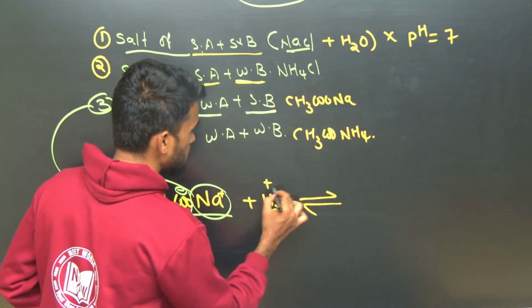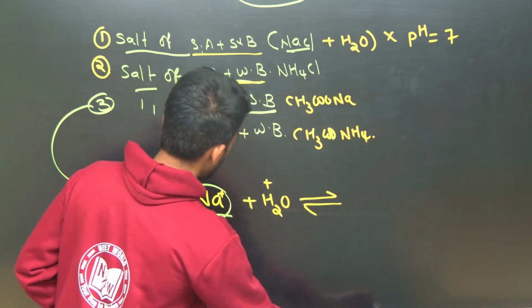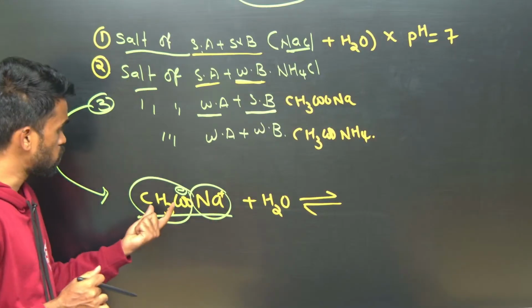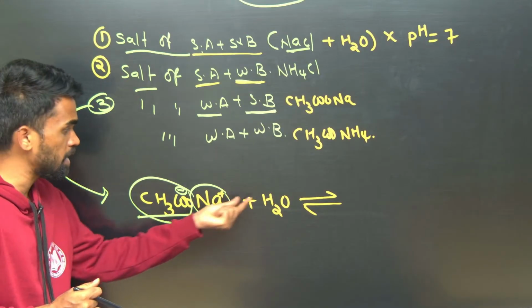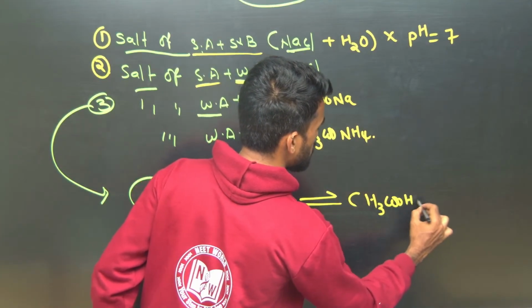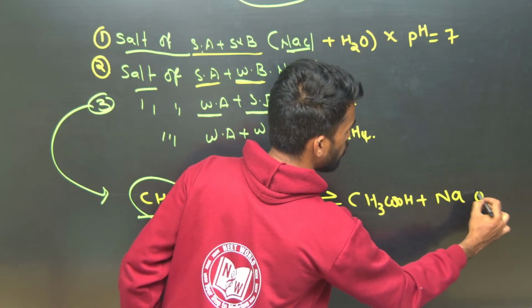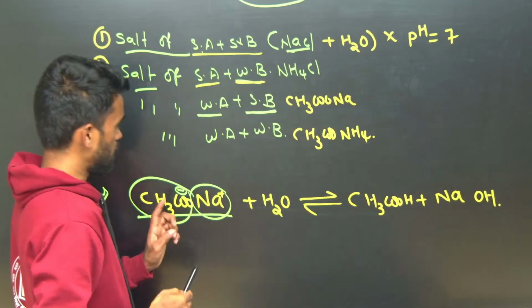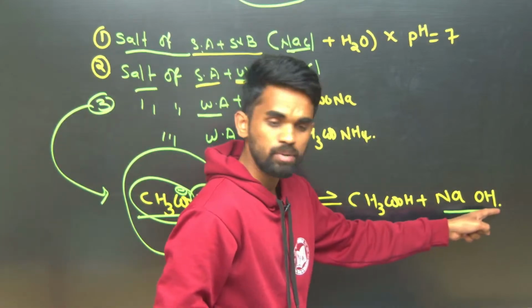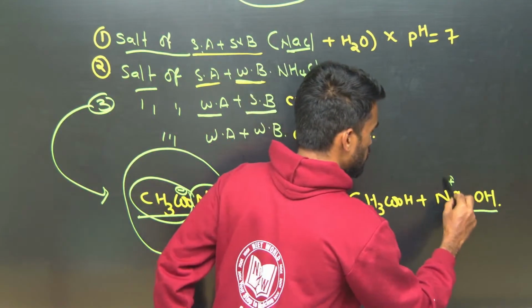From water, H plus and OH minus. Therefore, cation from here and anion from here will combine like that. So acetate ion and H plus will form acetic acid, CH3COOH, plus NaOH. See here, NaOH is a strong base, which means strong electrolyte, so we have Na plus.